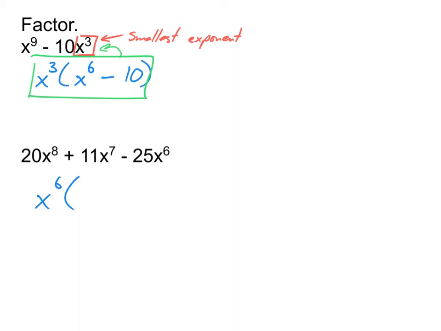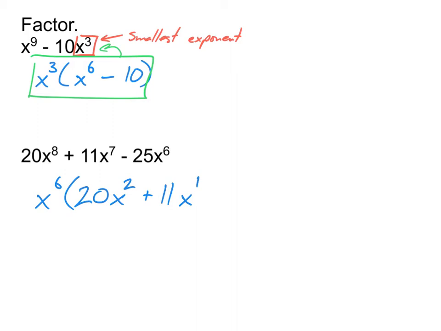No numbers can pull out though, remember, so all the numbers will stay the same. So the 20 is still a 20, but instead of x to the eighth, if I take 6 of those 8 x's out, I'm left with 2 x's. Then plus, the 11 stays an 11. In this case, I have x to the seventh, and I'm taking out 6 of those x's, which means I'm just going to be left with 1 of those x's.